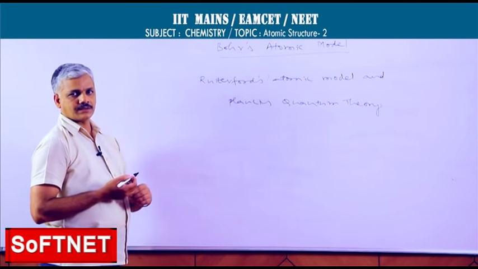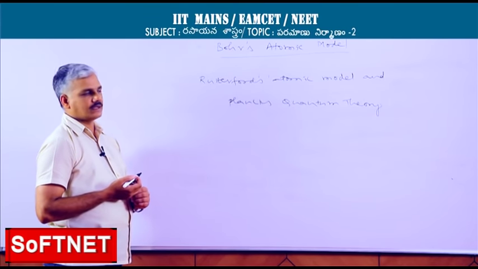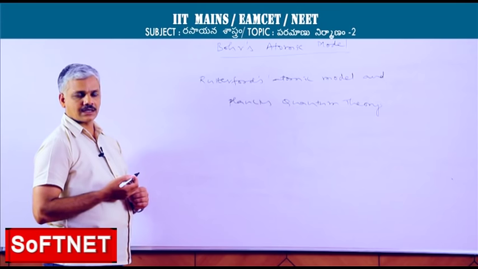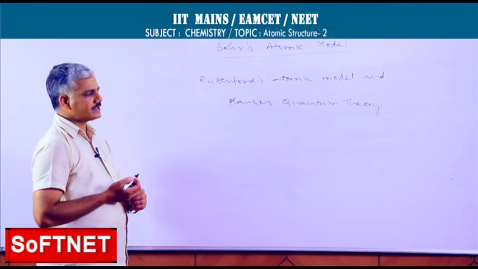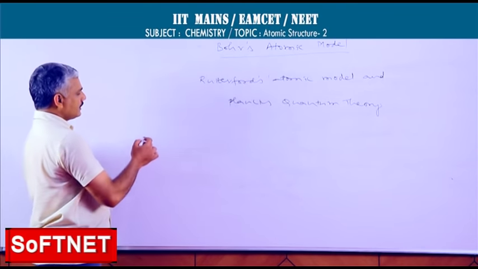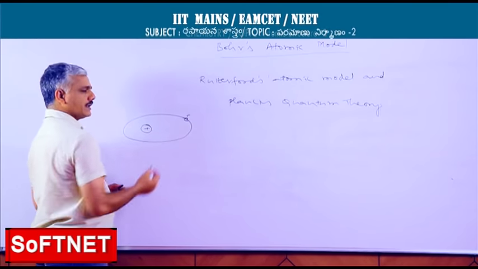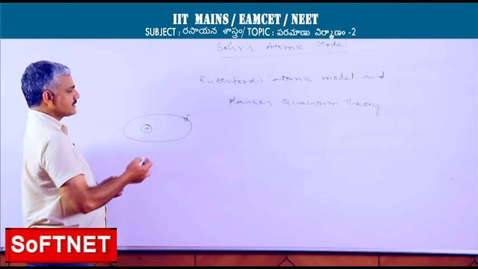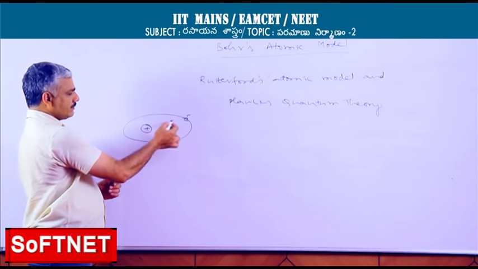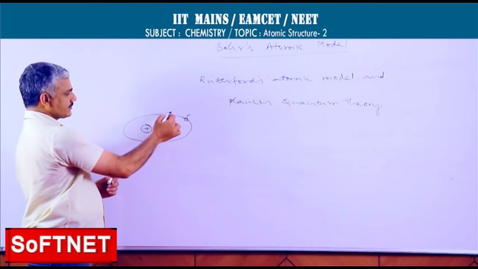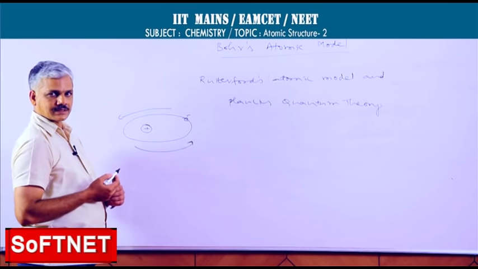According to Rutherford's atomic model, electrons were supposed to be rotating around the nucleus in elliptical paths, just like planets rotating around the sun. But the problem is, when the electron is moving around the nucleus in an elliptical path, sometimes it will be coming nearer to the nucleus and sometimes moving away from the nucleus.